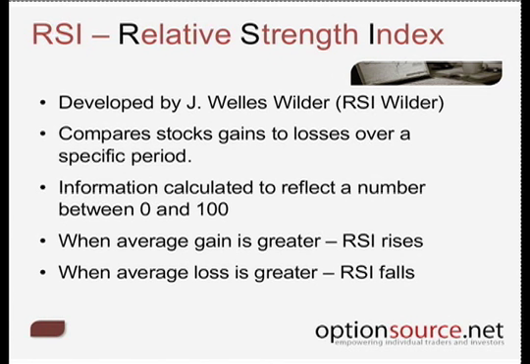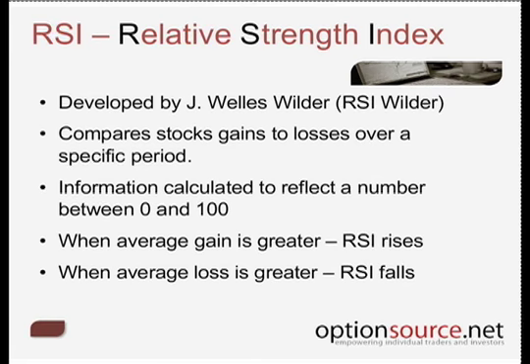So it helps us gauge where the momentum is in these markets. So if we were looking at trading a bearish opportunity, for example, and we felt that the GBPUSD was going to move lower, then we would really be looking at the RSI rolling over, if you will, and moving towards the downside.